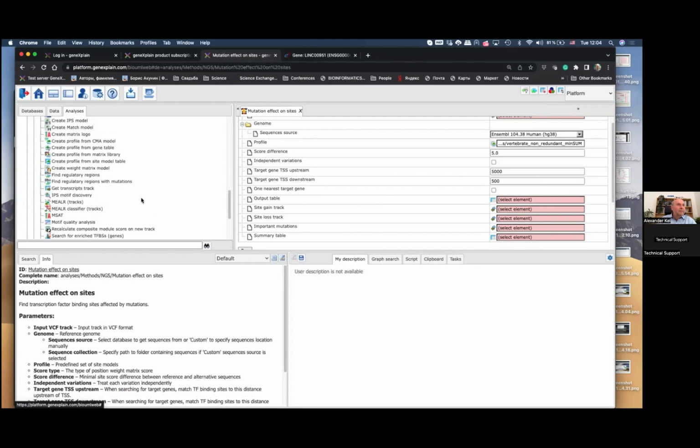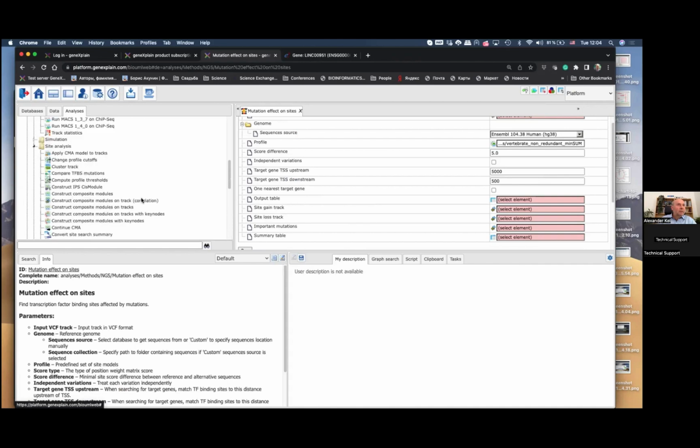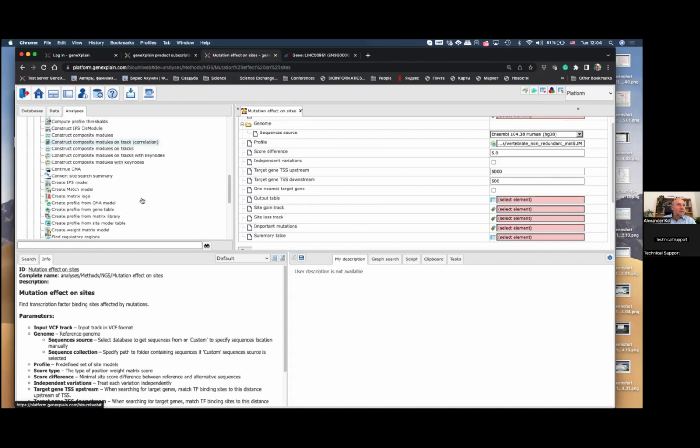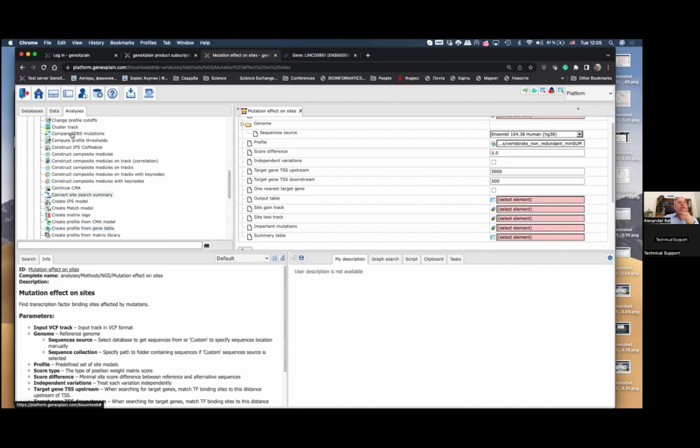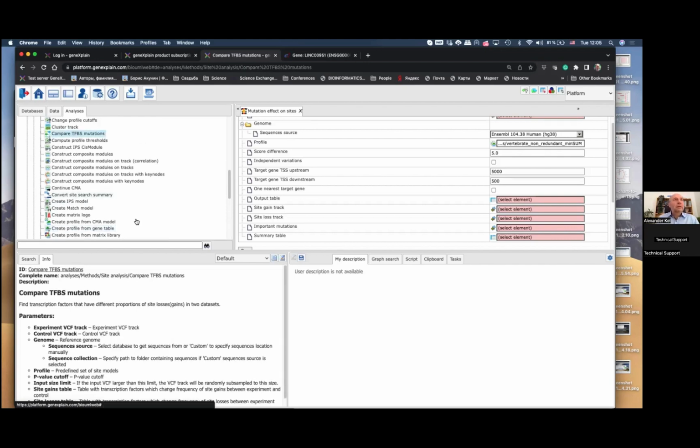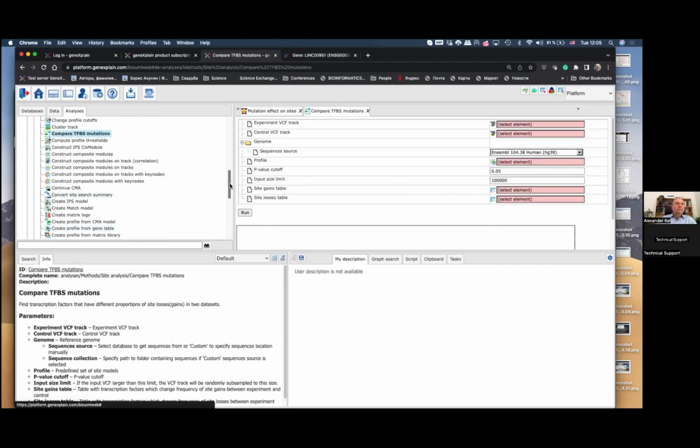Site, yes, compare TRBS mutations, or it's this one. So this tool is located in the site analysis section of our platform.